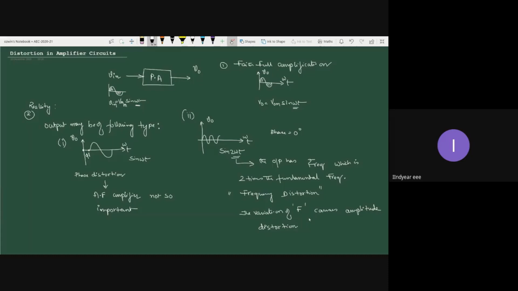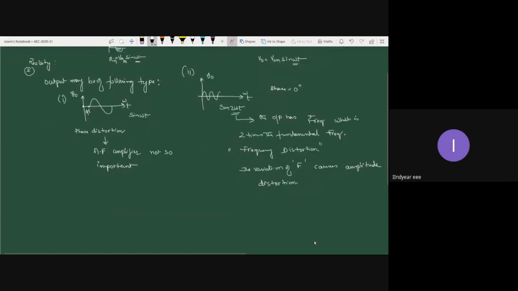All right. Now let us look at the amplitude distortion. In our previous classes we used to write an expression for collector current, IC, as beta times IB.